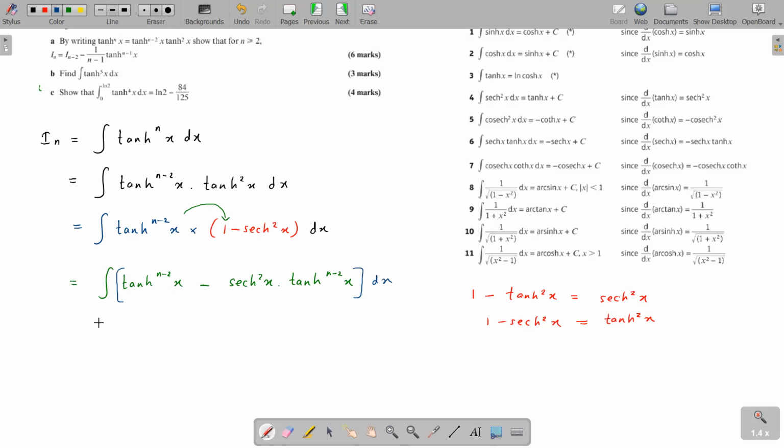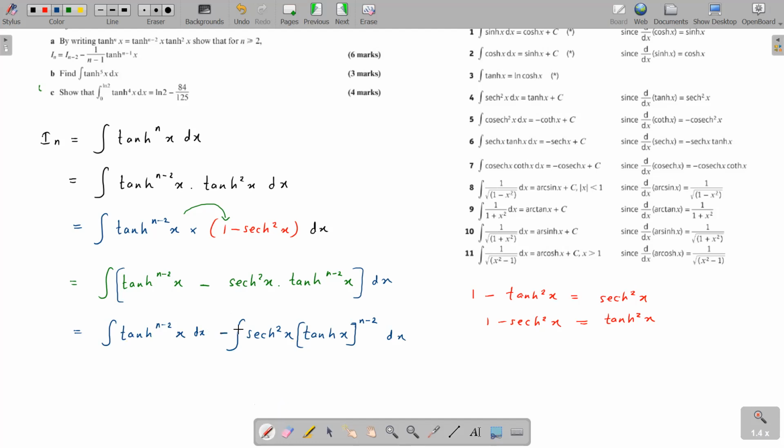So now let me put in the integral sign. Integration of sec square x tan x to the power n minus 2 minus integration of tan x to the power n minus 2, with respect to x. All of these are with respect to x.